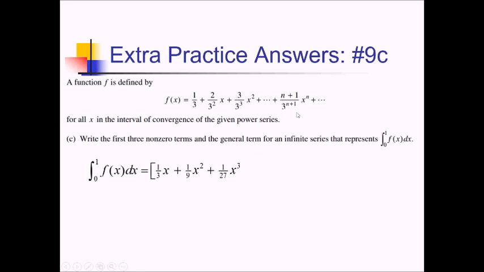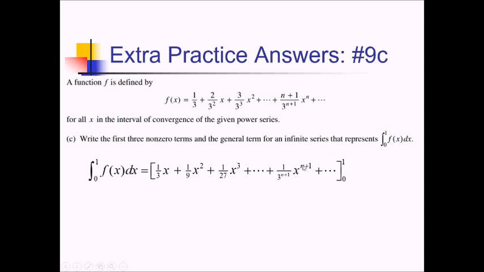And just for the general term now, this bumps up to an n plus 1. Dividing by that, the n plus 1s conveniently cancel. So we just have 1 over 3 to the n plus 1 times x to the n plus 1. And we'll do a plus dot dot dot. All of this is now being evaluated from 0 to 1.